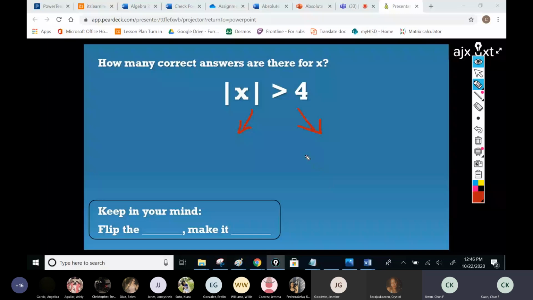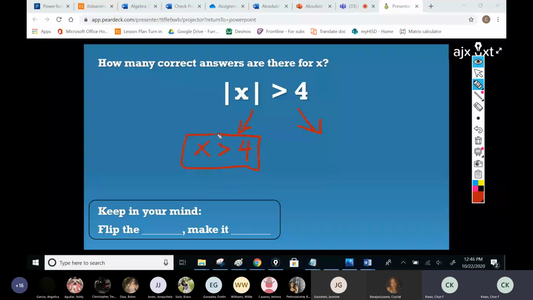One of them is x greater than 4. So you remove the absolute value symbol and then just write the whole thing. This is the easy one. You don't have to change anything. And this is one of the answers.